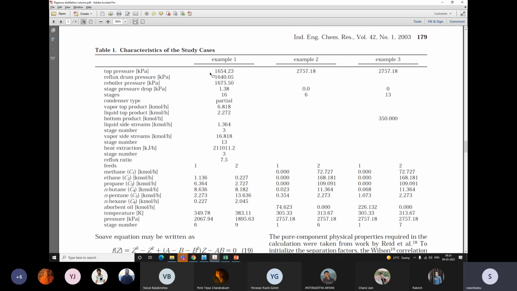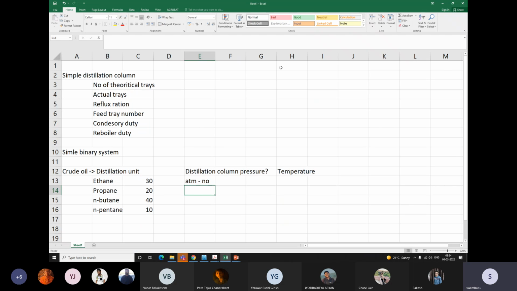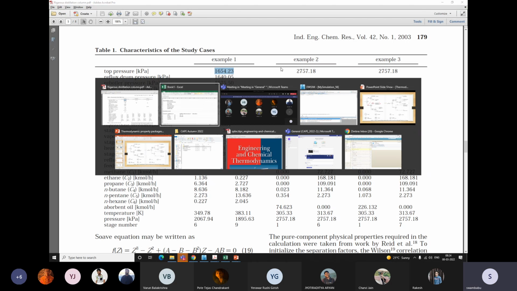They are operating at 1654 kilopascals. So this pressure we can operate.